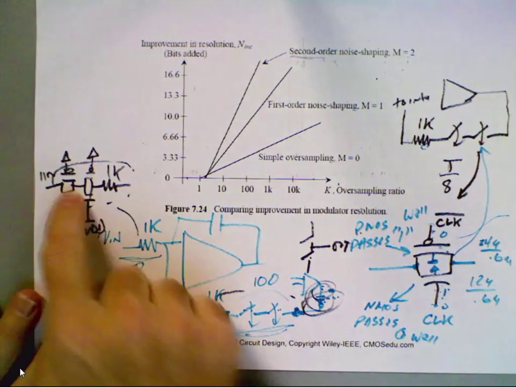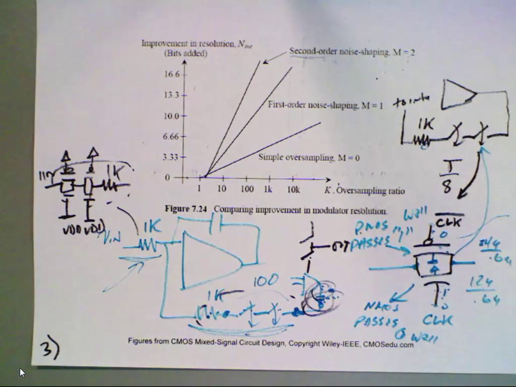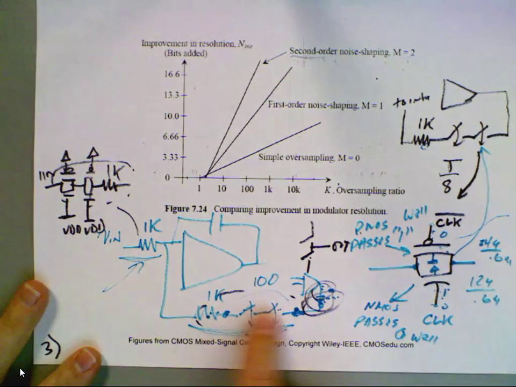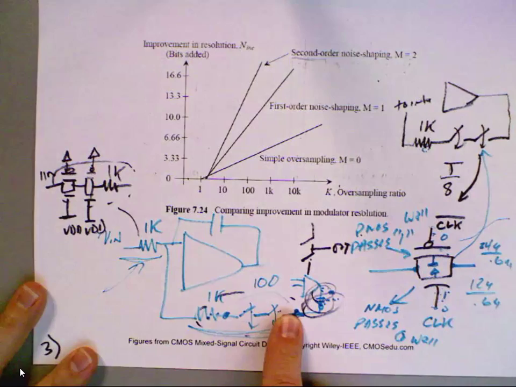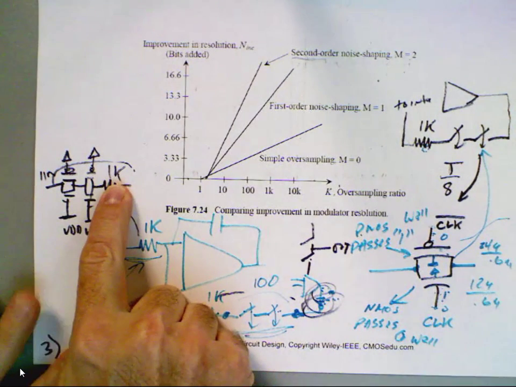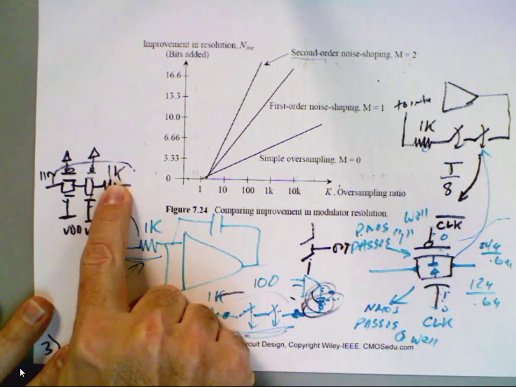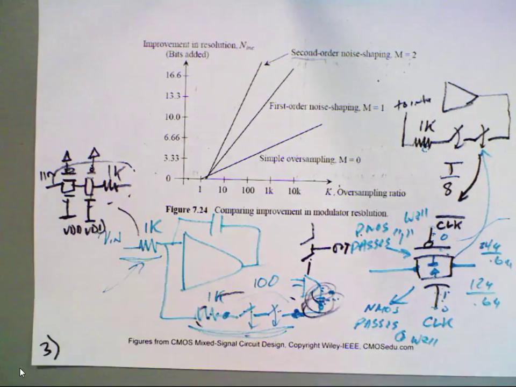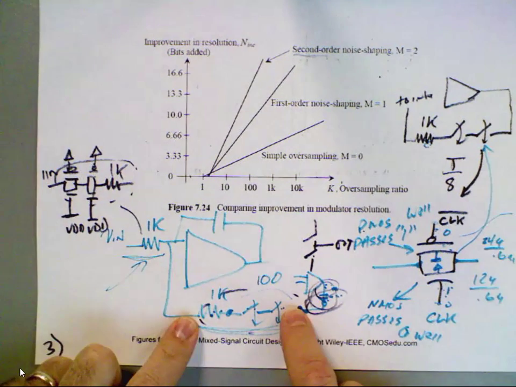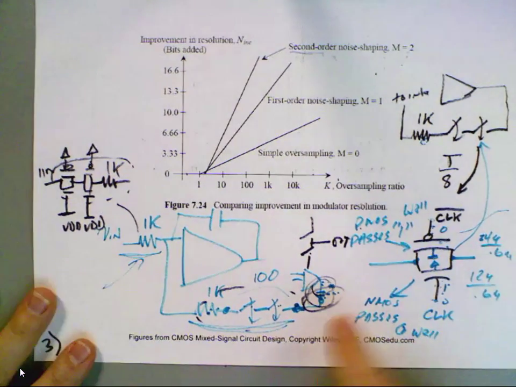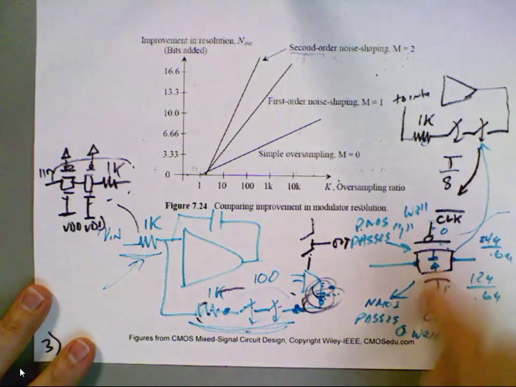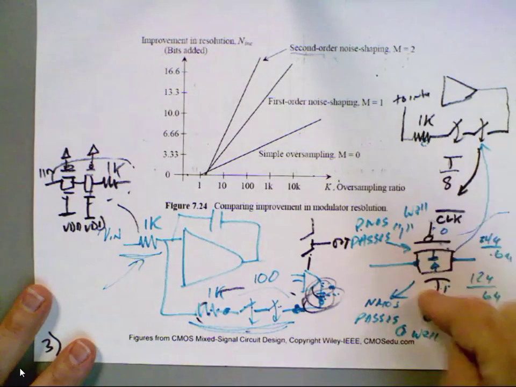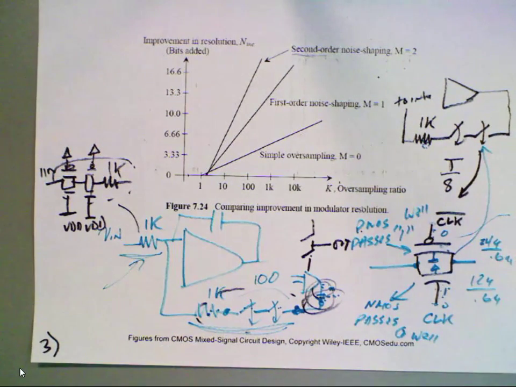The resistance of the TGs isn't constant. It's going to vary a little bit with the voltage that is applied across them. It's not going to be a linear resistor. So what I'd like is for this resistor to dominate, to be the one that determines the overall resistance. Well, you could do that by making these really wide. Well, if you make them really wide, they have low resistance, but now the problem is you have to drive those gates, which then if you make them wide, they're big loads.